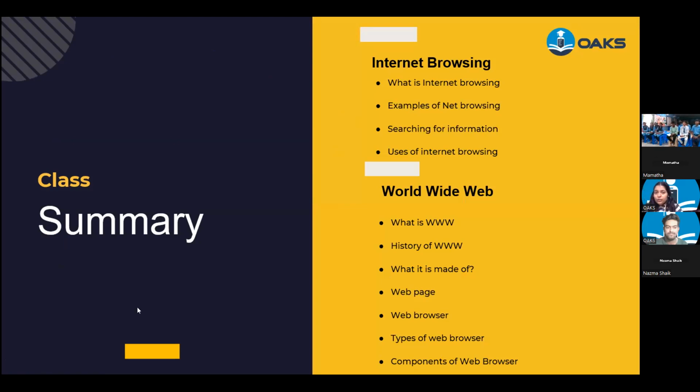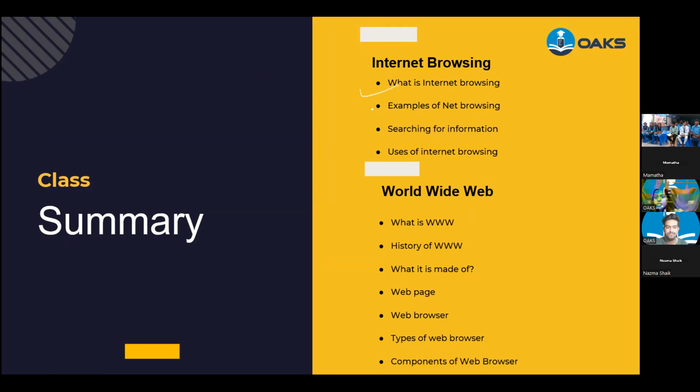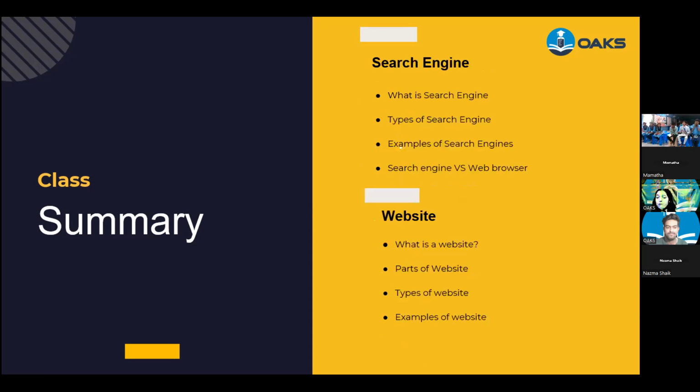Internet browsing: what is internet browsing, examples of net browsing, searching for information, uses of internet, World Wide Web, what is www, history of www, what it is made up of, web pages, web browser, types of web browser, components of web browser, what is search engine, types of search engine, examples of search engine versus web browser, what is website, parts of websites, types of websites, and examples of website.